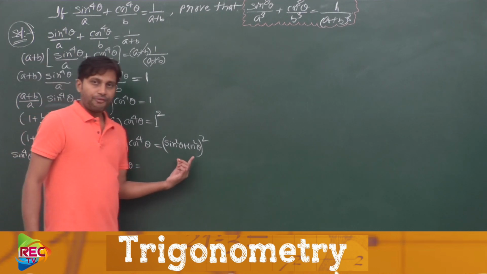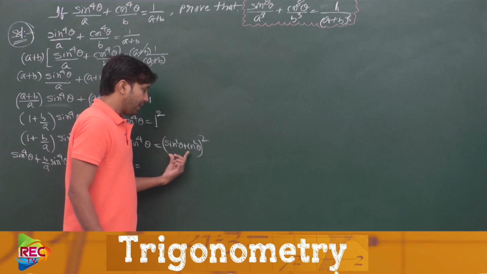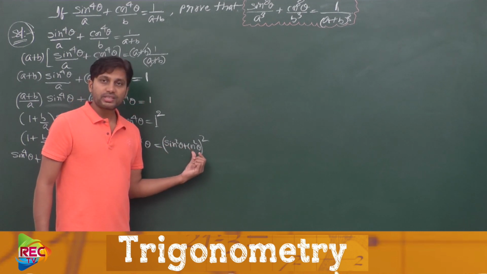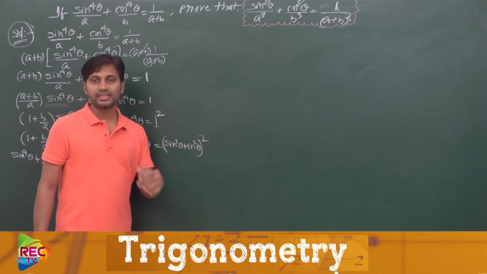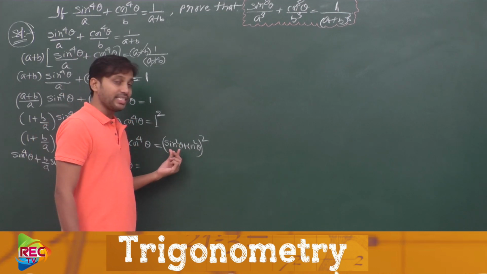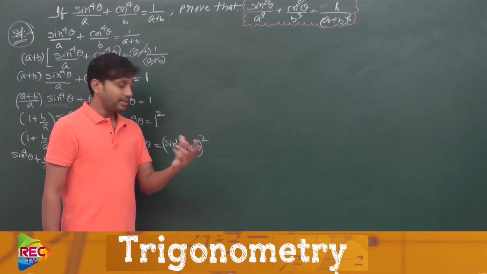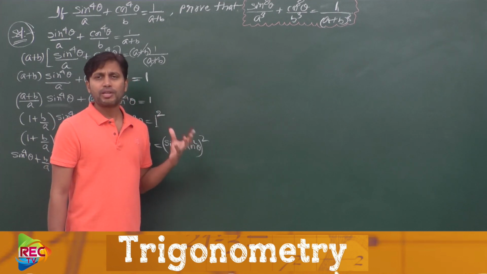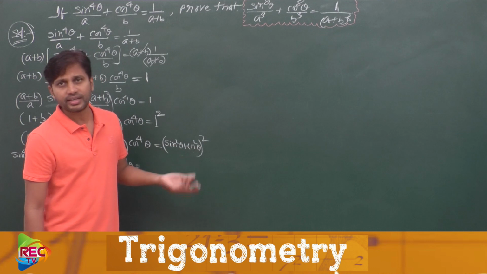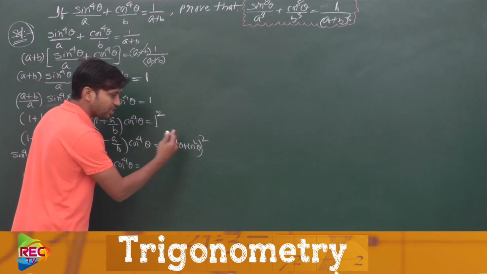Now, if you observe this bracket, (sin²θ + cos²θ) whole squared, if you consider sin²θ as a and cos²θ as b, then this is in the form of (a + b) whole squared. So it can be expanded to a² + b² + 2ab.